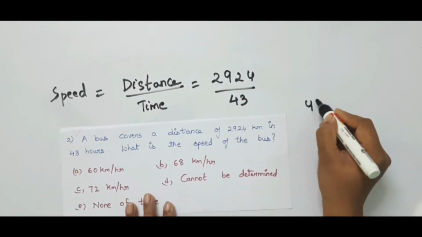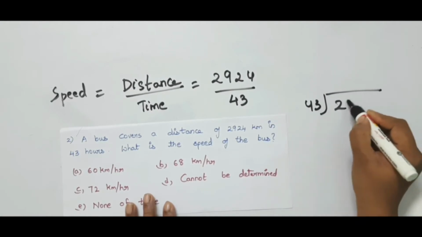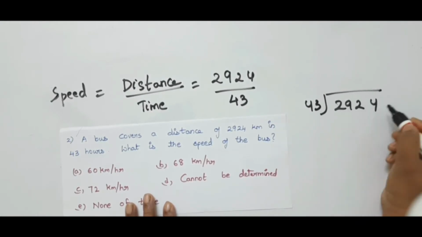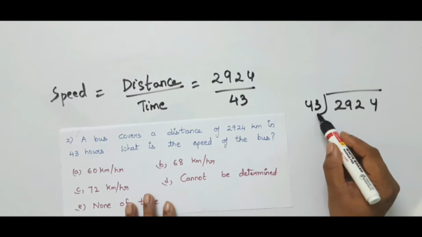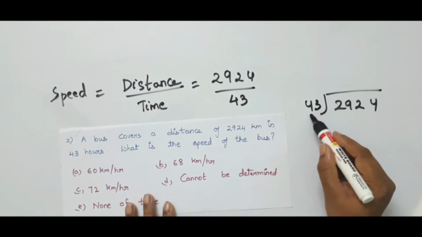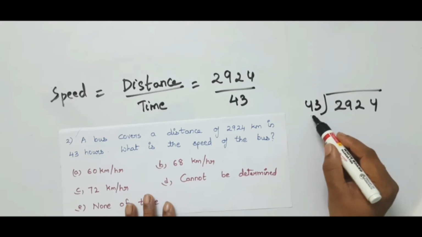So 43 into 2924. If you take 4, here 29 is there. 6 4s are 24, and 4 7s are 28.